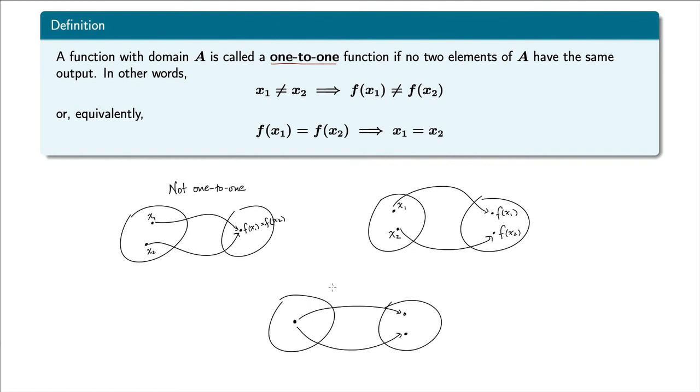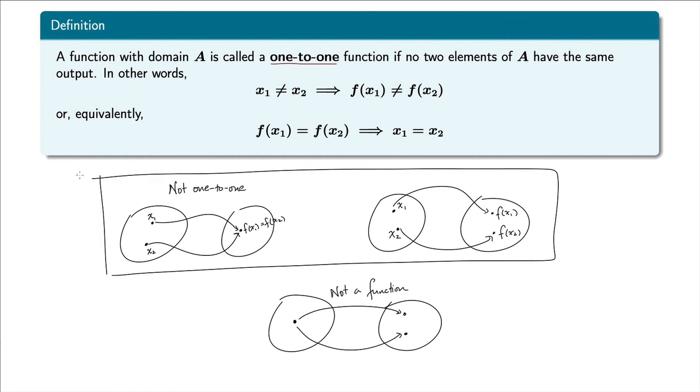This is not even a function, because a function is defined where each input has a single output. So we can't have an input go to two different things. That's not even a function. When we're in the world of functions, we are looking at one of these two cases. Of course, this here is one.